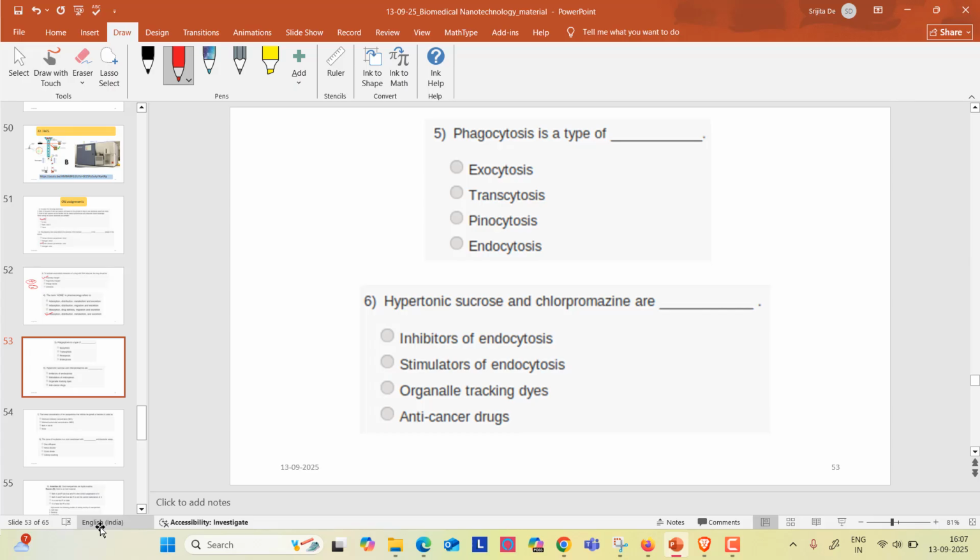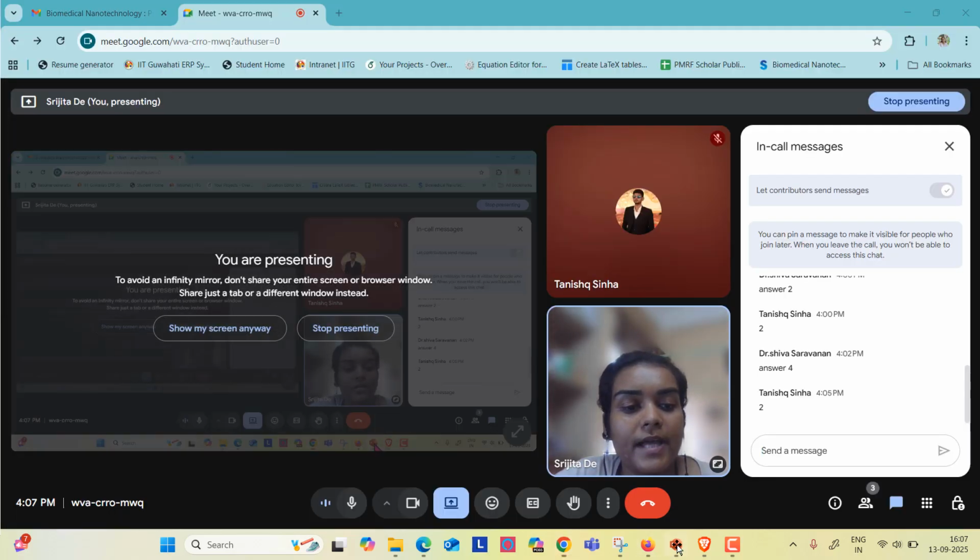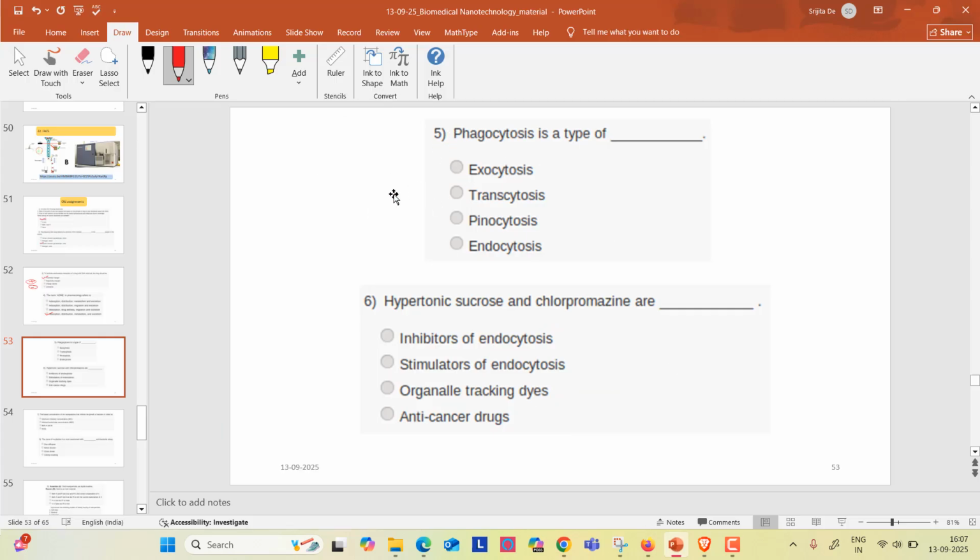Phagocytosis is a type of what among these 4 options? No, it is endocytosis.